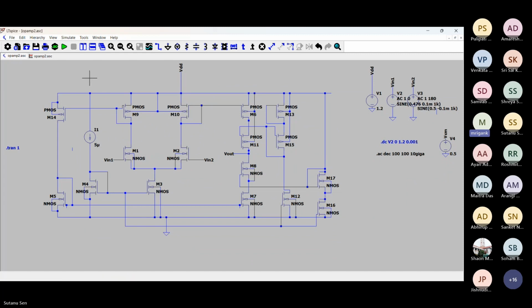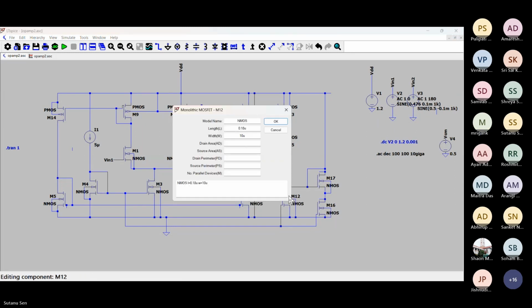What is the ratio between M3 and 12? That ratio I thought that is same, right? Whatever I provided. Check M12. Okay, close this.